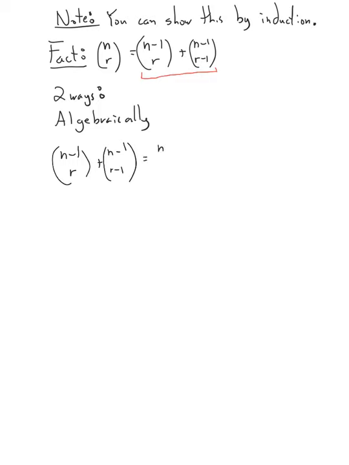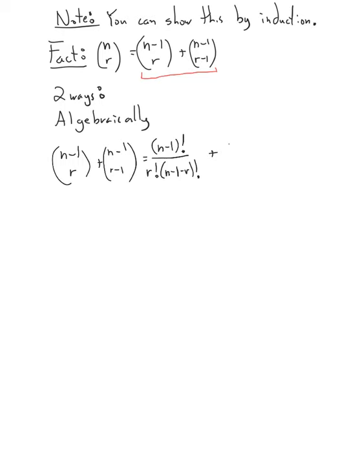So that's going to be n minus 1 factorial over r factorial times n minus 1 minus r factorial. That's n minus 1 choose r: we chose r things, and we didn't choose the other n minus 1 minus r things.